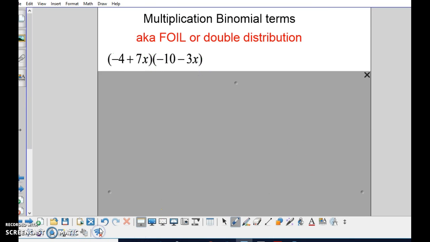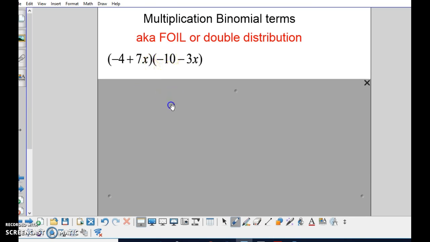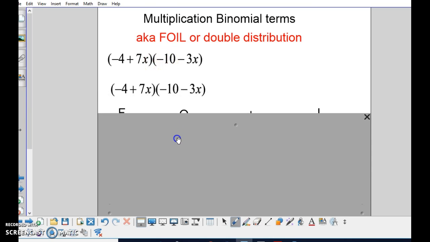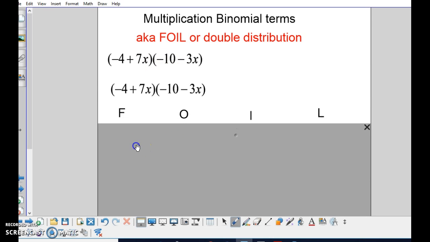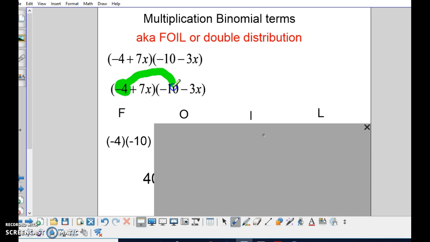So what we're going to do is I'm going to do the FOIL because most of you are familiar with that. So I rewrote this and I put down an F for FOIL. So my first step is I am going to multiply my first term times my first term. That is where this is coming from.